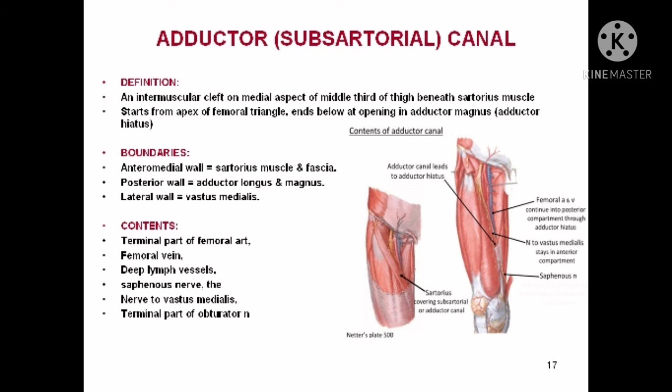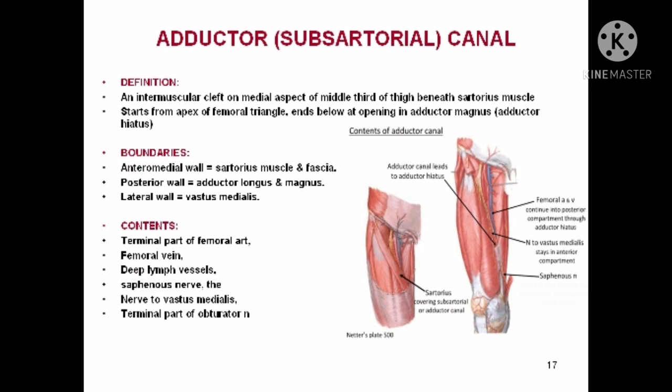The adductor or subsartorial canal. It is an intramuscular cleft on the medial aspect of the middle third of the thigh beneath the sartorius muscle. It starts from the apex of the femoral triangle and ends at the opening in the adductor magnus muscle, the adductor hiatus.